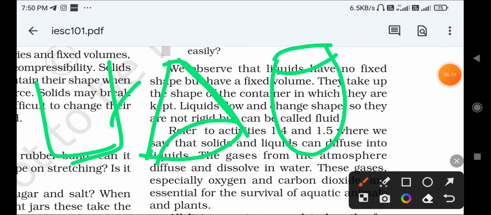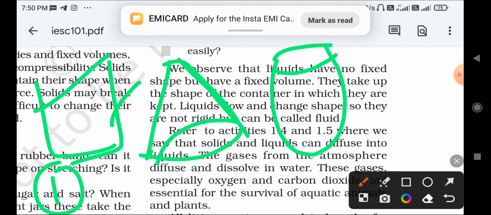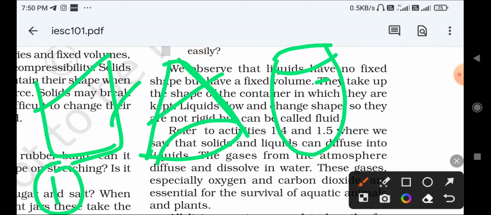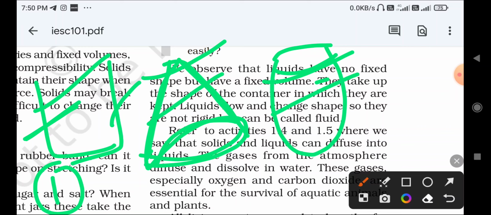So from this activity, the first point is clear: the liquid takes the shape of the container. If we pour it in a rectangular tank it will take a rectangular shape, in a conical flask it will take the conical flask shape, and in a test tube it will take the shape of the test tube.